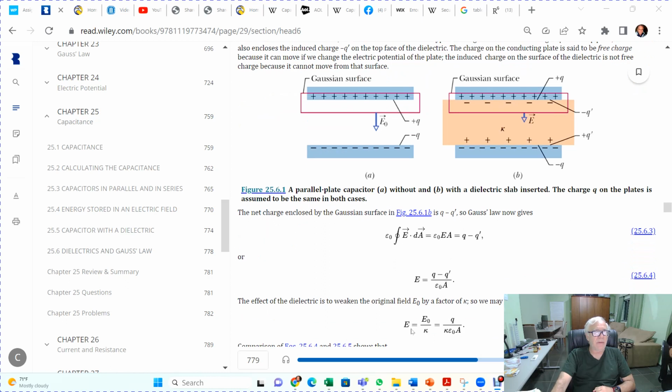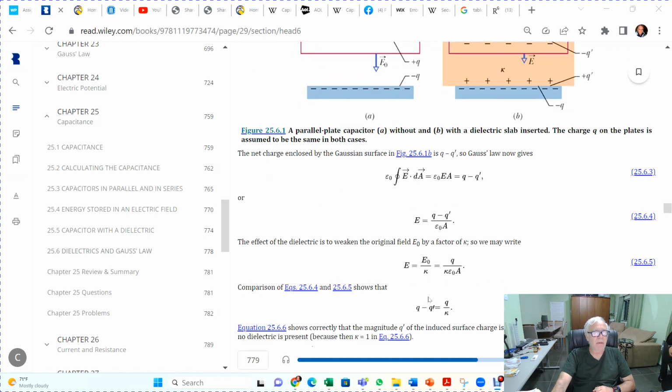Here is the electric field, right? Now that we have less of a charge, the electric field is going to be less intense as well. And there is a relationship between Q minus Q prime in terms of kappa. And we do know that E is equal to E naught over kappa, right? And this kappa factor that goes here introduces a value for the charge that's less, because this number here is greater than 1.